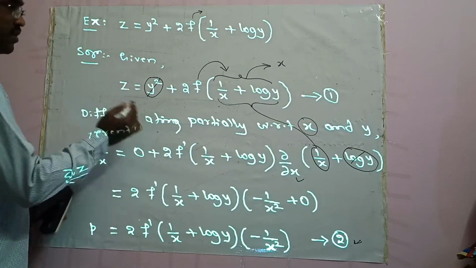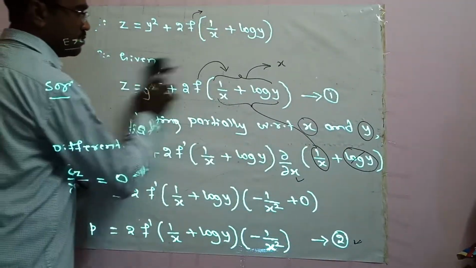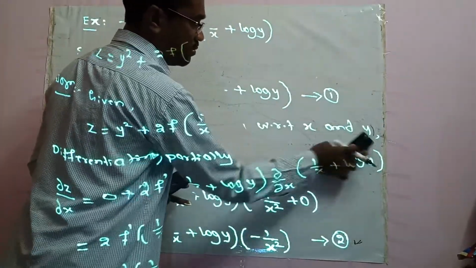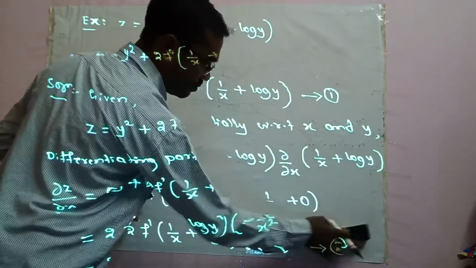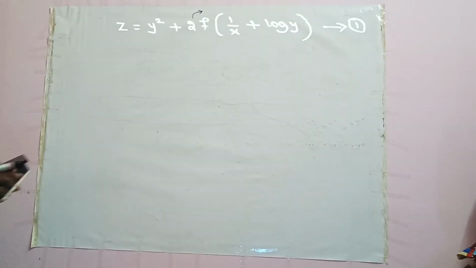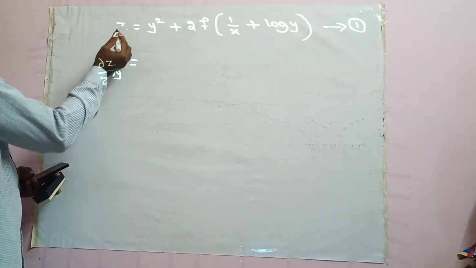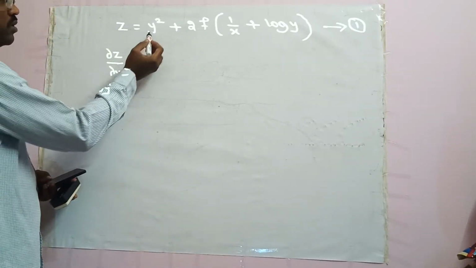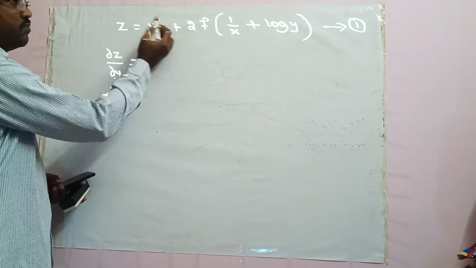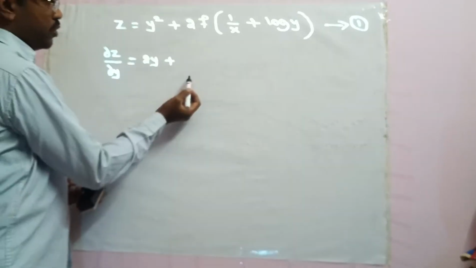Now similarly we differentiate this with respect to y. Now let us differentiate with respect to y. Dou z by dou y is equal to, since we are differentiating with respect to y, differentiation of y square is 2y plus 2 as it is.